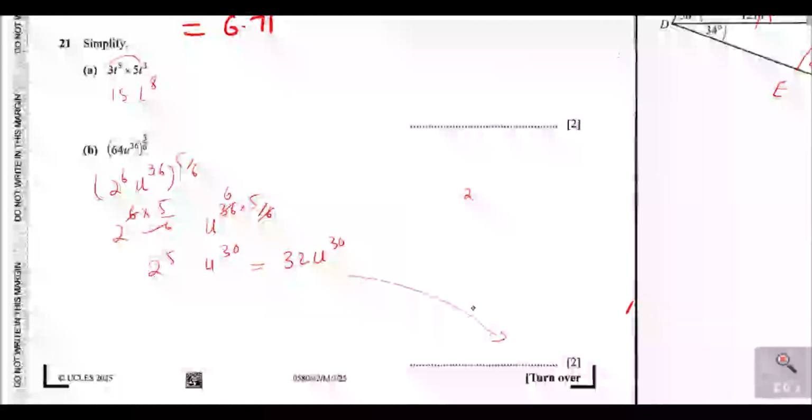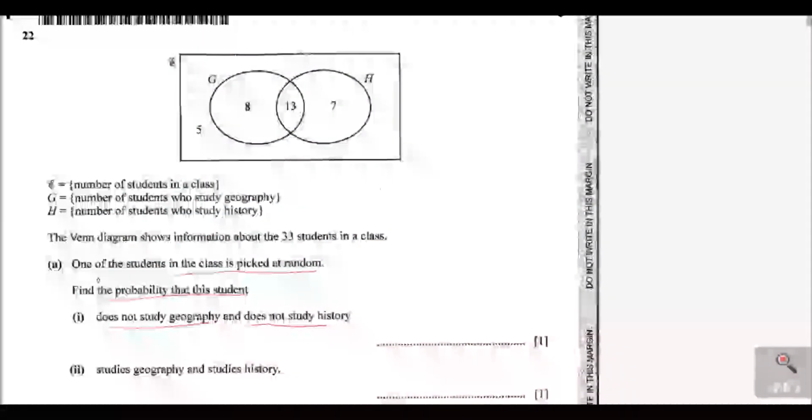Now we move to the next question of this paper. Question 22, part A. The Venn diagram shows information about 33 students. Find the probability a student does not study geography and does not study history.